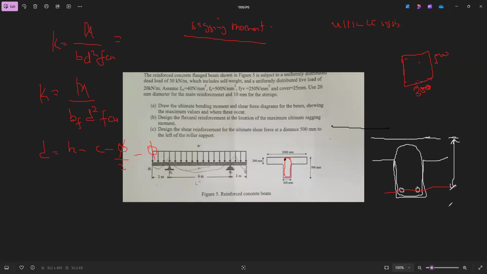Have you seen it? Because we have it like this, and we want this length, that is the d, and we have already been given the overall height.